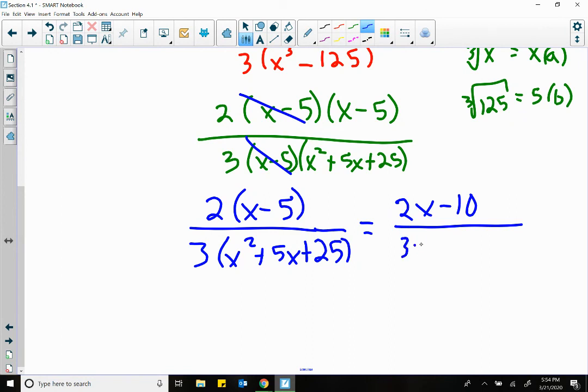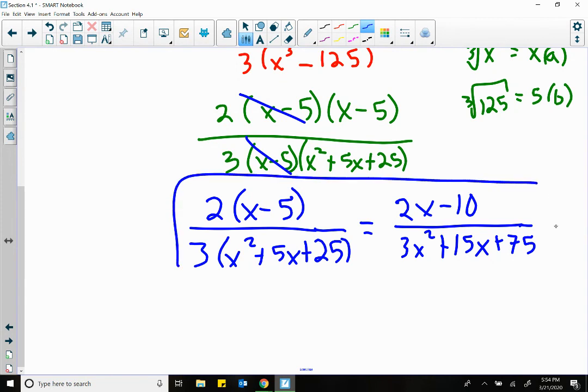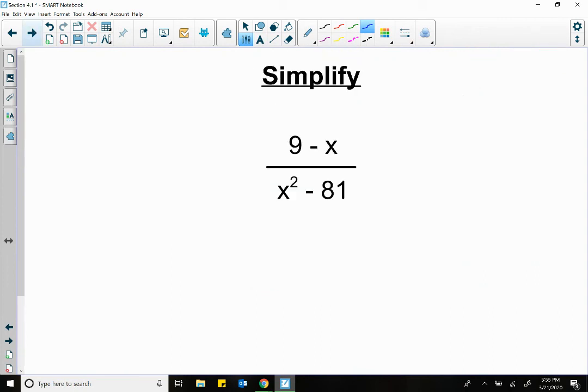So 3x squared plus 15x plus 75. Both of these are valid answers, whether you input the factored form or the actual FOILed out form. I think I have one more. Yep, this is it. So pause the video, try this one.